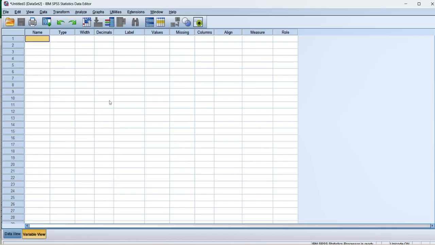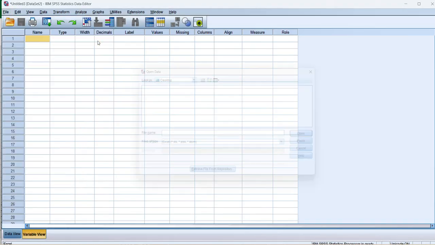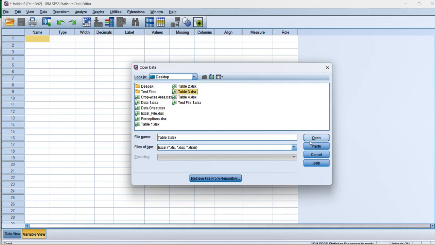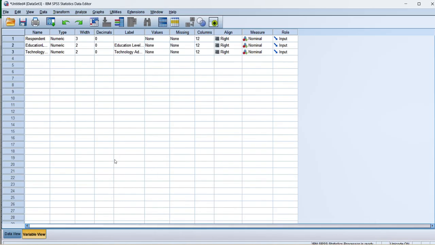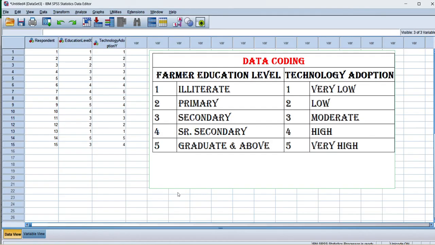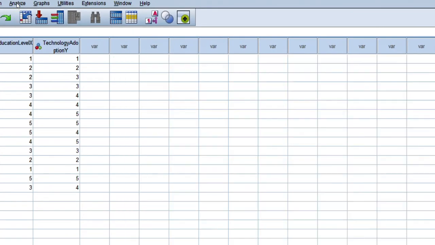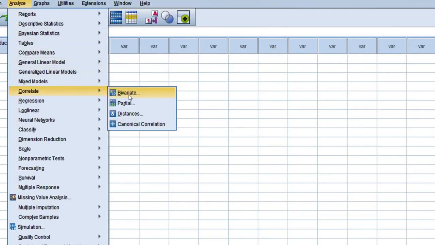So to perform, I will again add data. In this example, I am going to evaluate whether there is any correlation between farmer education level and technology adoption. So, to perform, we will again go to Analyze, select Correlate and go to Bivariate.